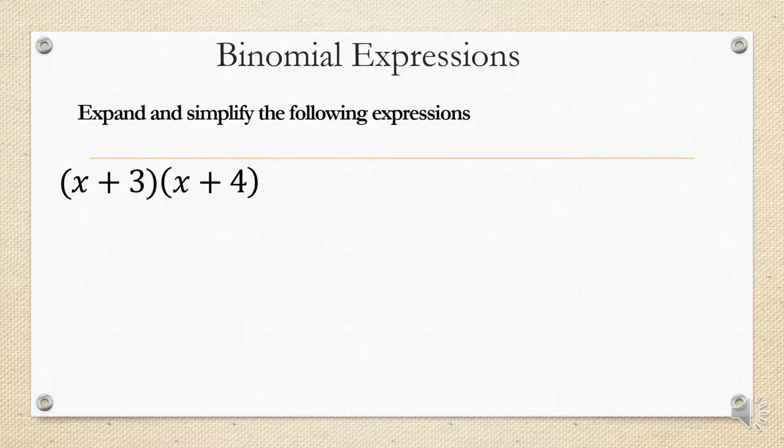So how do we expand brackets that are multiplied to each other like this? We're going to do this: first term multiplied by each term in the next bracket, and the second term by each term in the next bracket.